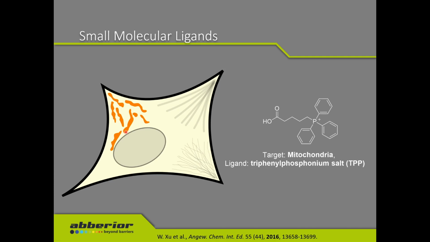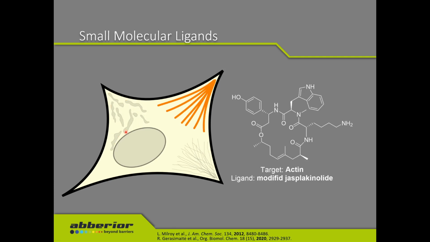There are also other small molecules available, for example, jasplakinolide, which can be used to label F-actin. So if we add via this amine from our lysine side chain a fluorophore, an organic dye, to it, then we created a probe usable to stain actin filaments in our living cell.